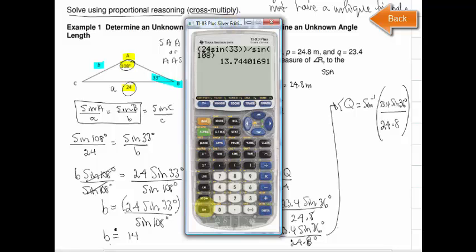Now I'm going to be using lots of different sets of brackets here, because I've got the big outside ones, and I'm also going to have a set of brackets around the numerator because I need to group those before I divide. So I go second sine to get my inverse sine, and there's my first bracket for the outside.